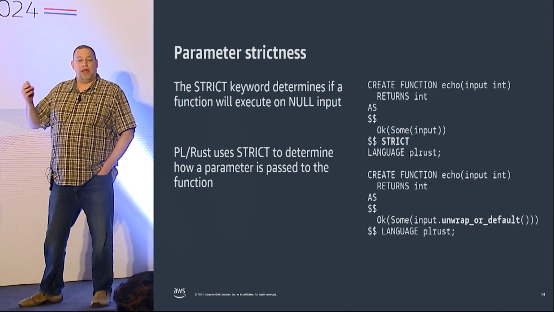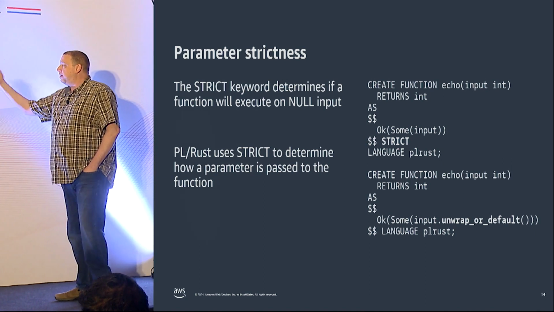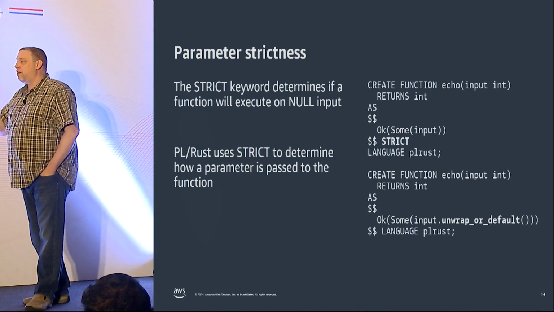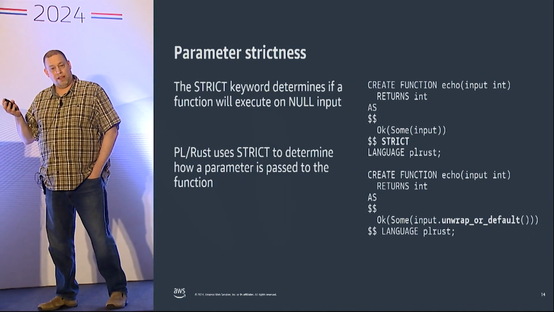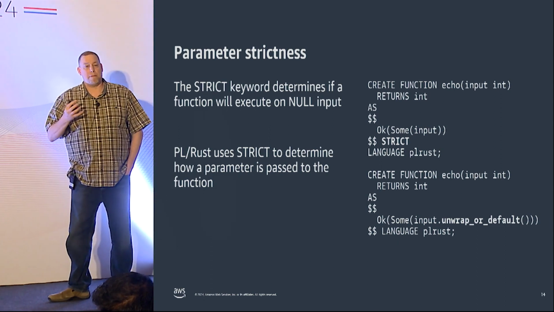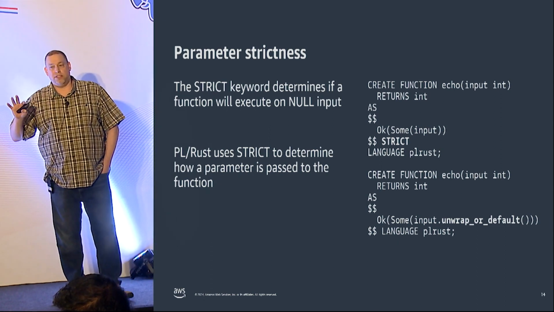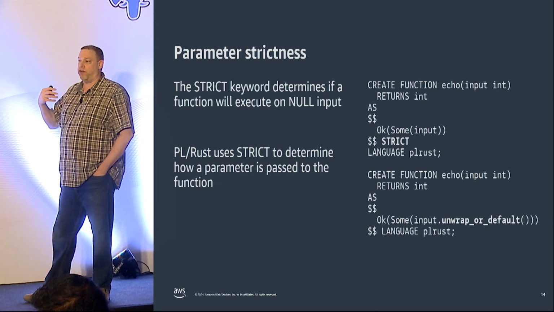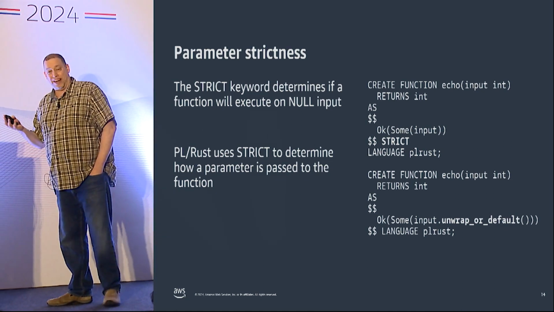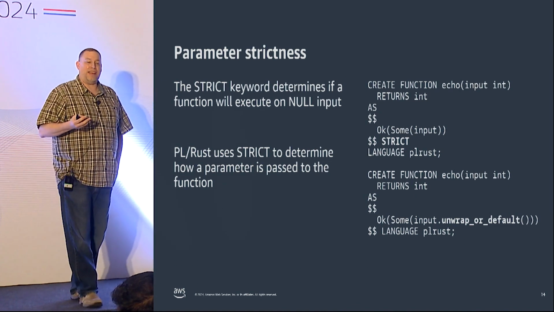If you define the function as strict and a null value comes in, Postgres never executes the actual function. It just returns null. This way, you can just assume that the value will never be null for your code inside of there. However, if you don't mark it as strict, your code has to handle the case if the input is null.